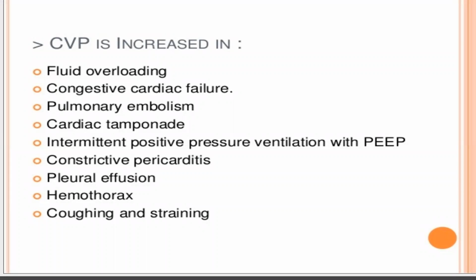Central venous pressure is increased in fluid overloading, congestive cardiac failure, pulmonary embolism, cardiac tamponade, intermittent positive pressure ventilation with PEEP, constrictive pericarditis, pleural effusion, pneumothorax, coughing, and straining.